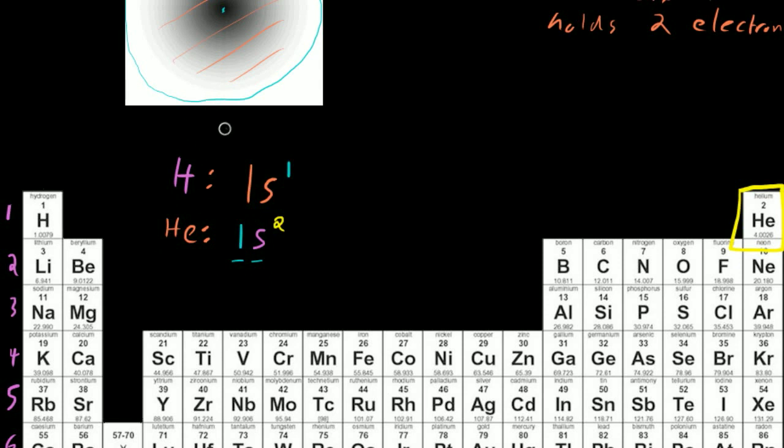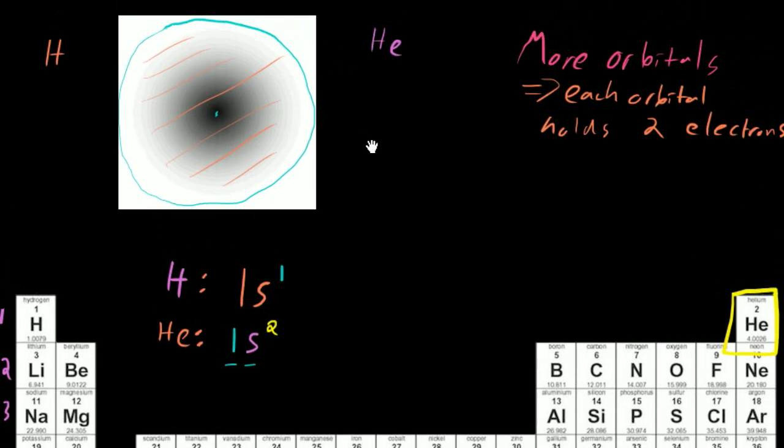The s stands for sharp, but the s orbital is a spherical orbital. It's this orbital that we've been looking at for the past few videos. So you write the period, the type of orbital you have, and then the number of electrons in that orbital.